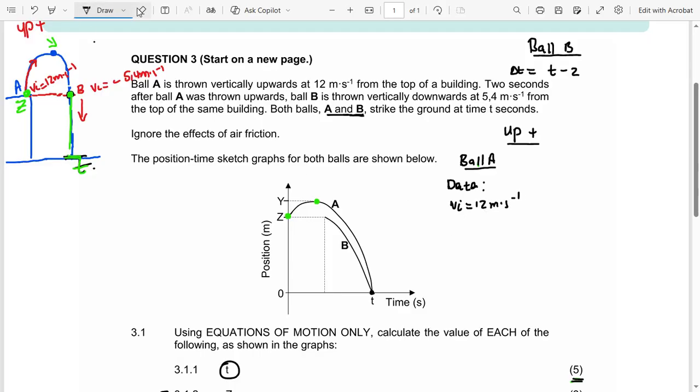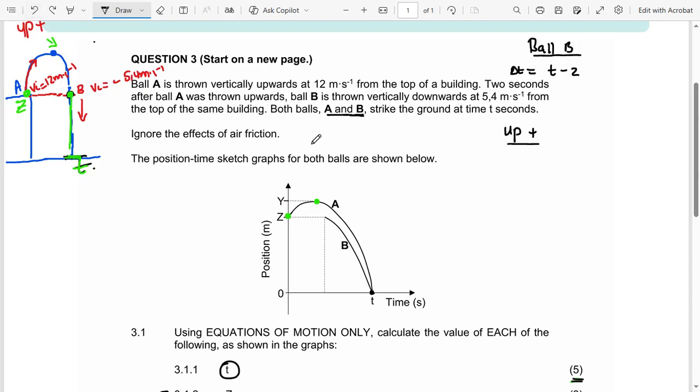I think it's best if I just put my data here so that I can do the substitution on the other side. So for ball A, I'm going to write everything that I have from the statement. So this is ball A, and V initial is 12 meters per second.